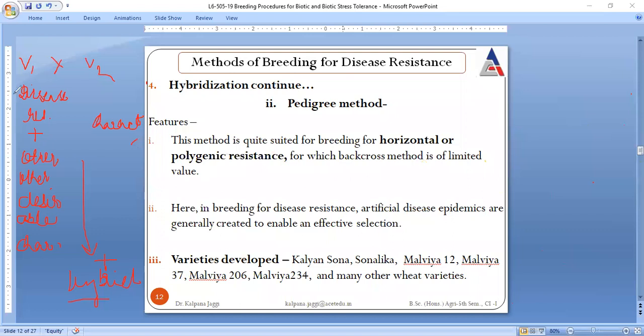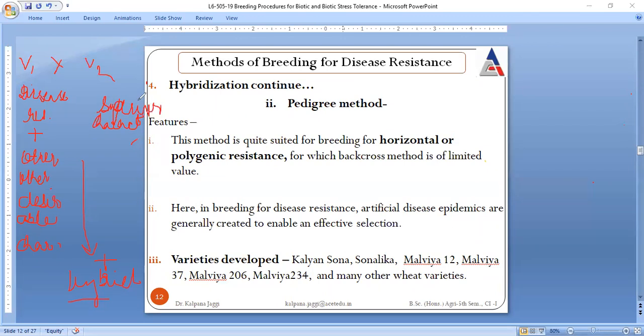That means here two varieties, that means two parents, are selected. One parent is disease resistant, and along with the resistant feature, it has certain desirable characteristics also, and those desirable characteristics are of one variety. And the parent with which it is being crossed has superior characteristics of another variety.